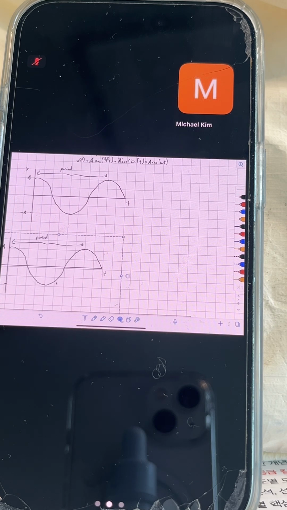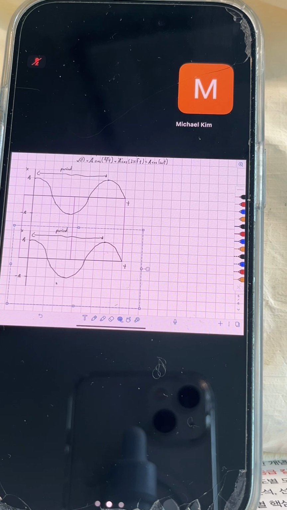And then we said from this we could actually figure out things like our velocity versus time. On a position versus time graph, I know that my velocity is just the slope of the tangent line. So I can see here that I start off at 0 and then I go to a negative slope.